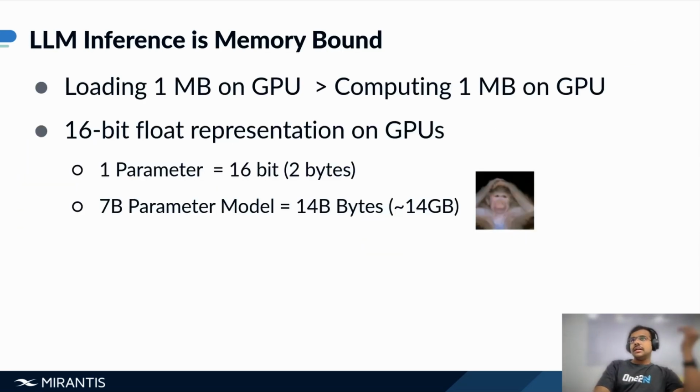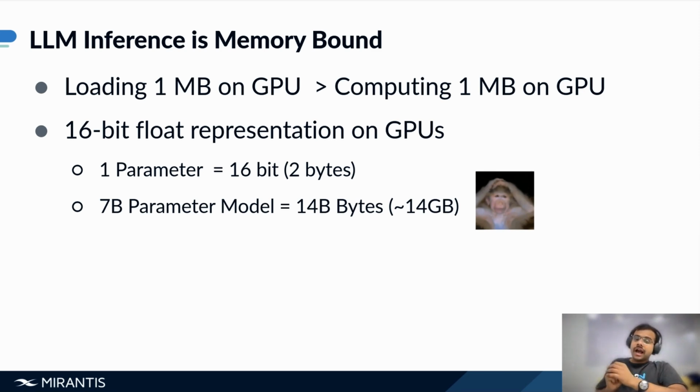Now coming back, LLM inferencing is memory bound. And you'd be shocked to know that loading 1 MB on a GPU takes more time than actually computing on 1 MB of data on the GPU. Also, coming to the memory requirements to even load these models, we represent parameters as 2 bytes, which is a 16-bit float representation.